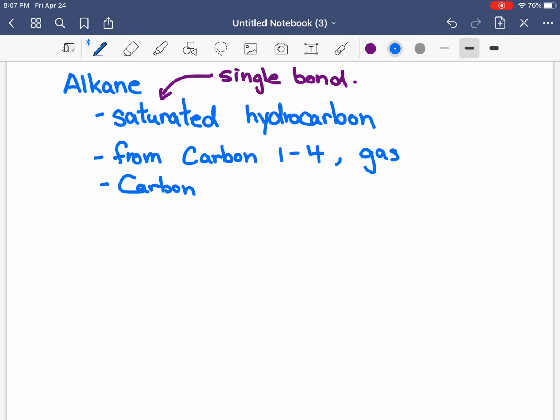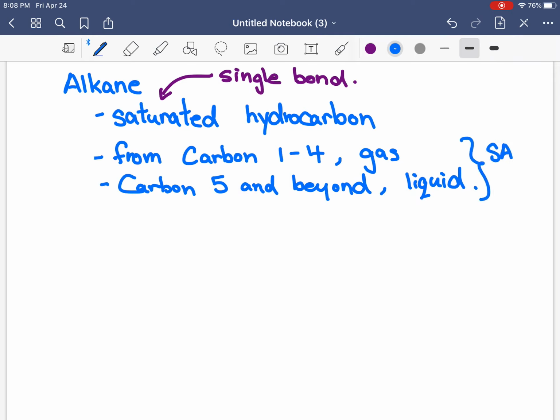Carbon 5 and beyond is liquid. And of course, you're looking at SATP. We're always talking about SATP. Not sure why you would talk about anything other than that. That's not always true. Okay, that's not always true, but I think that's the best thing we can do.